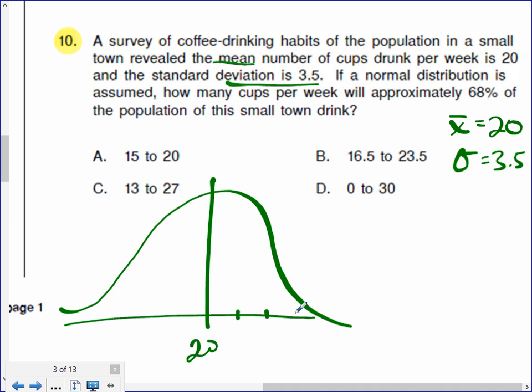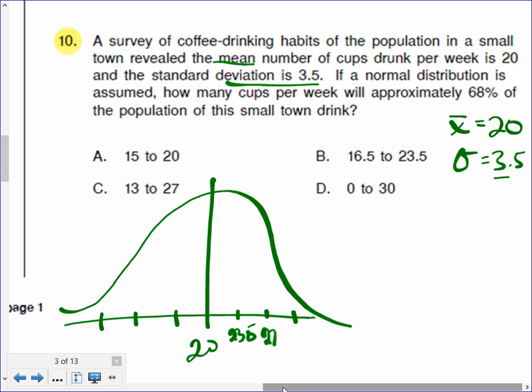You can fill out the whole chart because you know the mean and the standard deviation. 20 plus 3.5 is 23.5. Again, 27. One more time, 30.5. Plus 1 standard deviation, 2 standard deviations, 3 standard deviations.